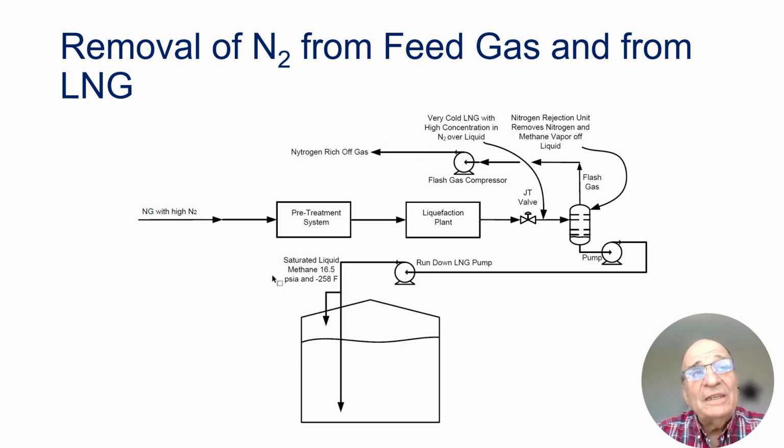This will typically be added to your BOG and sent out to the pipeline, or perhaps it's used as fuel for consumption needs within the plant. And then you can pump your LNG, this is low nitrogen content LNG, into your LNG tank. This is for removing nitrogen from the feed gas of the LNG facility.